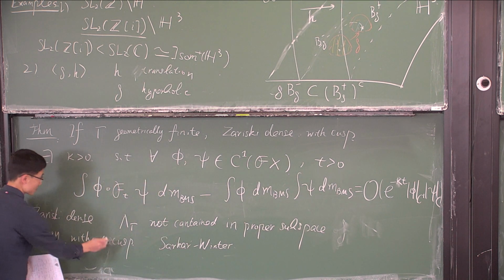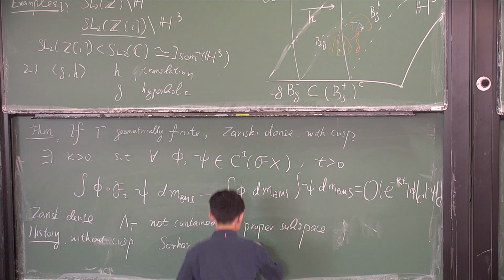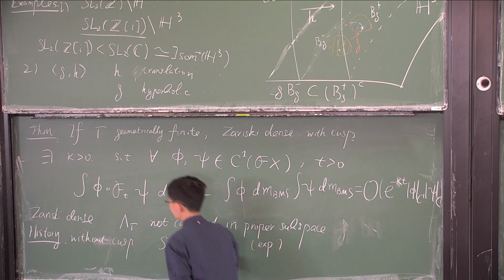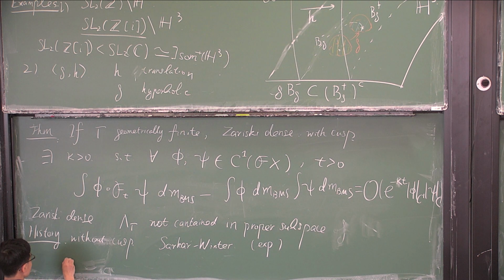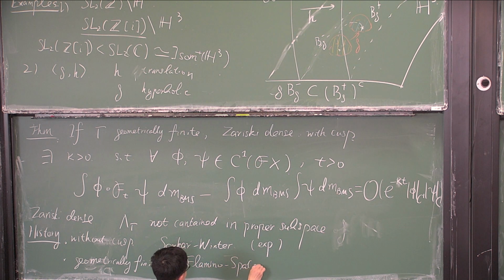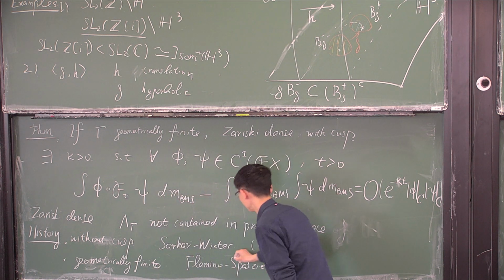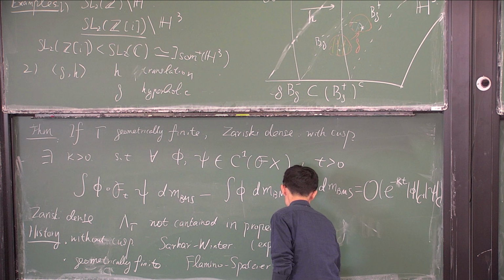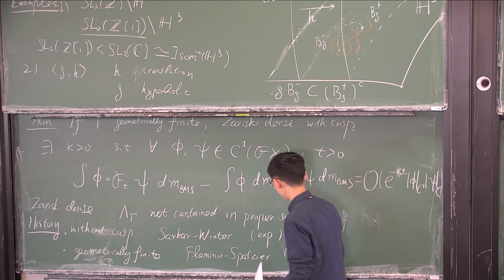The case without cusp is due to Sarkar-Winter, it's the exponential mixing case. For general geometrically finite, it's already studied by Flaminio and Spatzier for the frame case, and also Mohammadi-Oh.